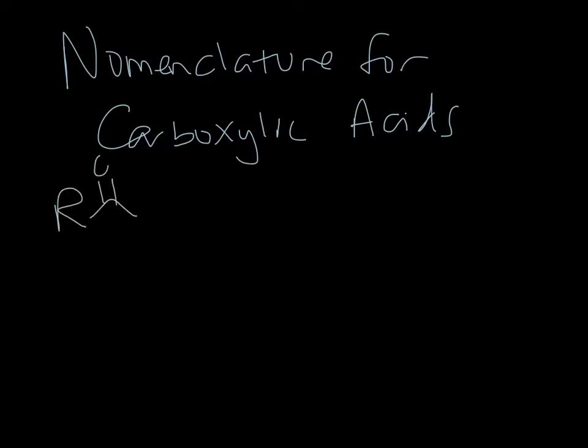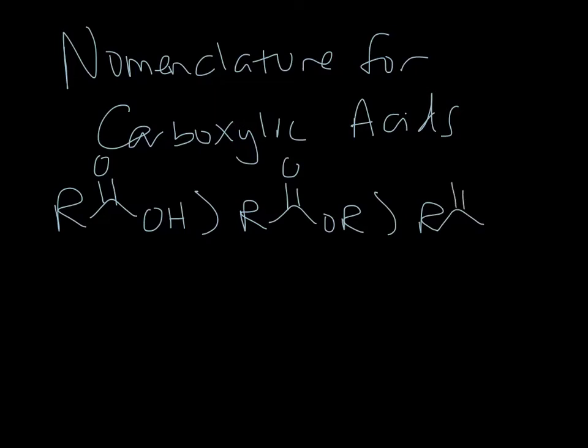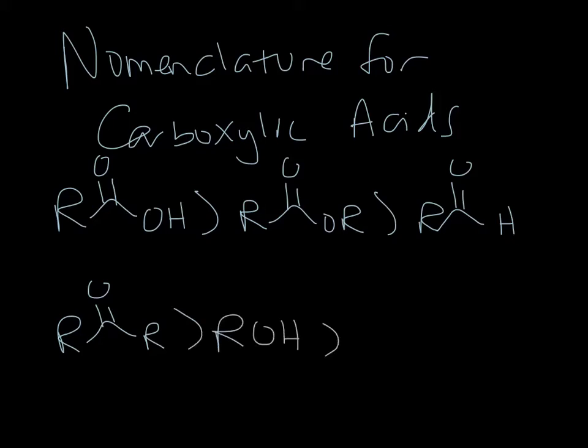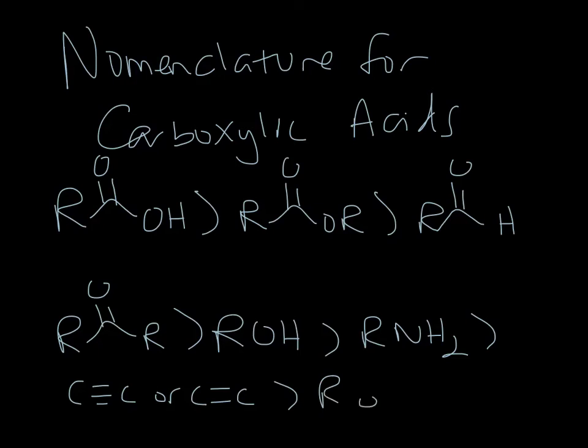So I've got a carboxylic acid, then an ester, then an aldehyde, then a ketone, then an alcohol, then an amine, so we're quite a ways up here, then triple bonds or double bonds, and then lastly your R or your X group.